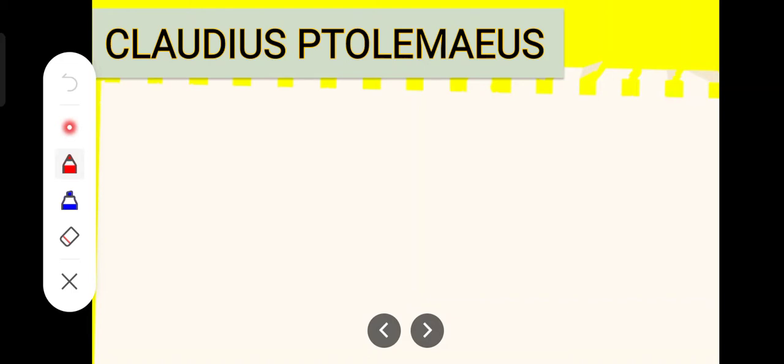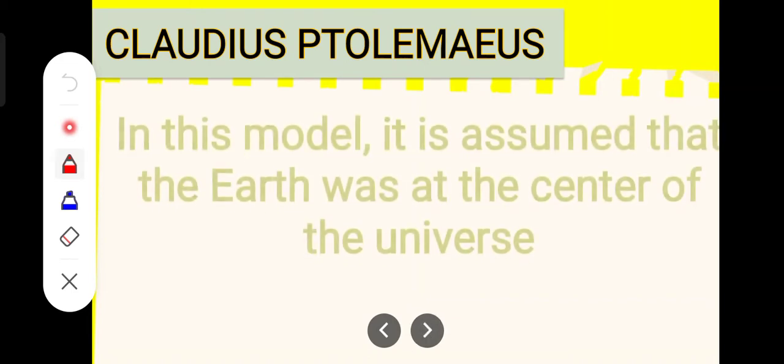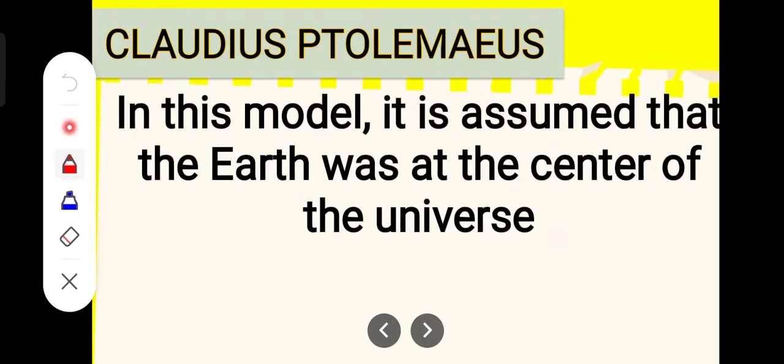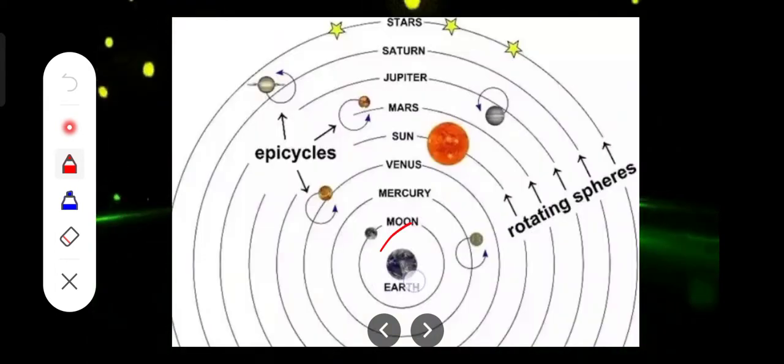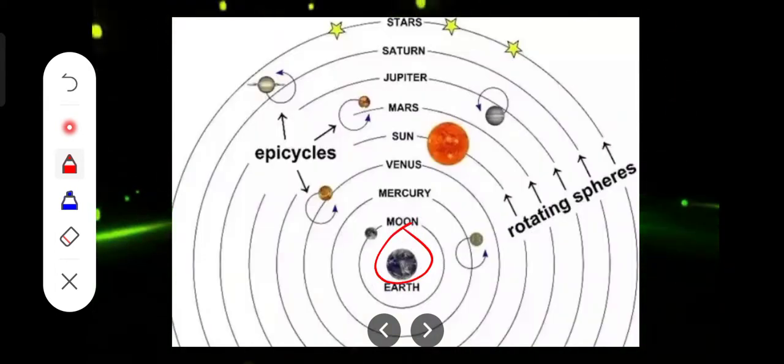Next is Claudius Ptolemy. So, after Aristarchus, here comes again the revision of the geocentric model. So, in this model, it was assumed that the Earth was at the center of the universe. Again, Earth is the center of the universe.